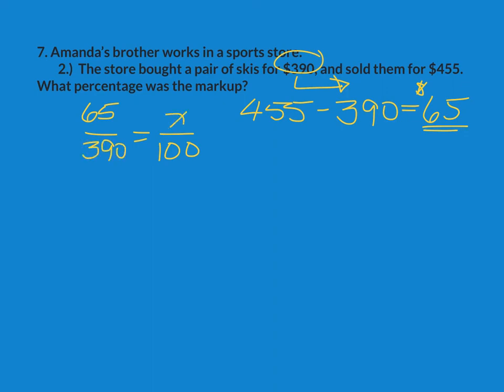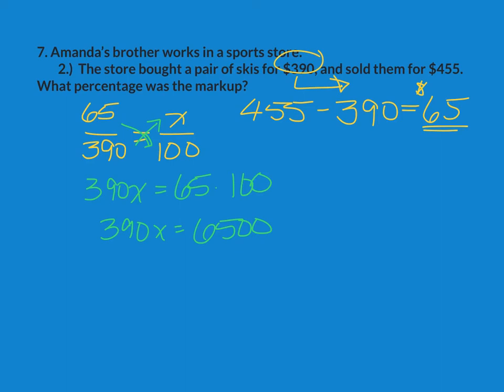The thing we're missing is the percent. So I am going to cross multiply. That's going to give me 390x equals 65 times 100. 390x equals 6,500.